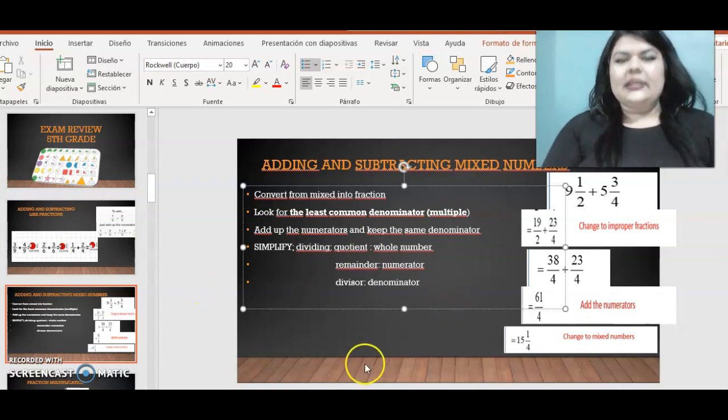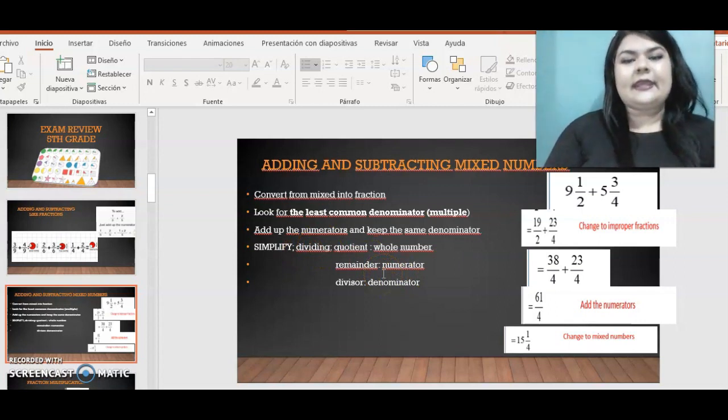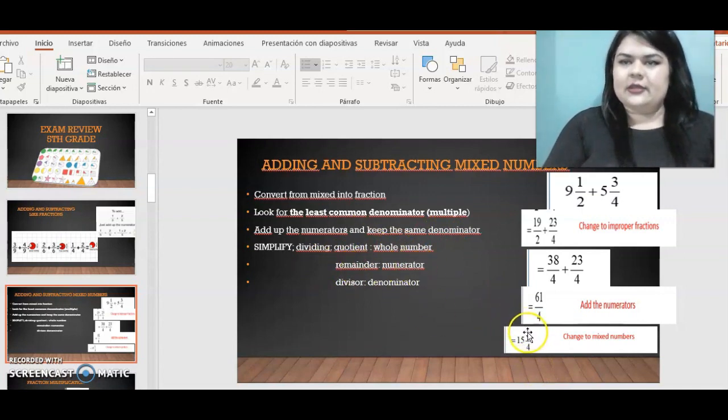Perfect. If you follow these steps, look, you simplify by dividing. Remember that when you have the division, the quotient is the whole number. Look, this is the quotient. The remainder is the numerator. This is the remainder, is the numerator. And the divisor is the denominator. Okay? Good.